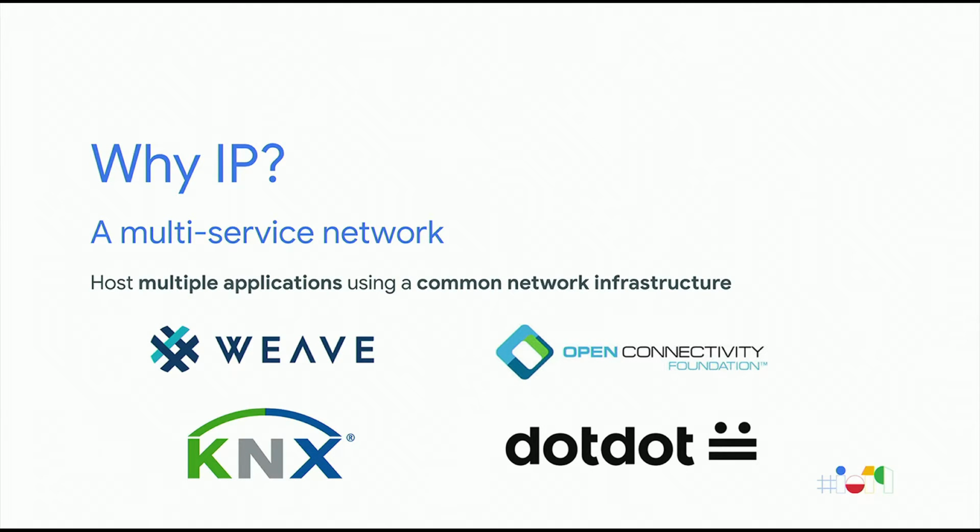And at the same time, it means we can have a single network that can support multiple applications simultaneously. IP makes it easy to deploy new applications, and it was a key reason for the success of the internet. And Thread extends that benefit to low-power devices.